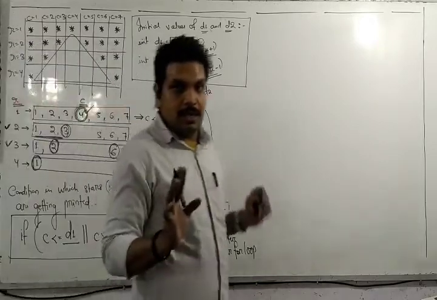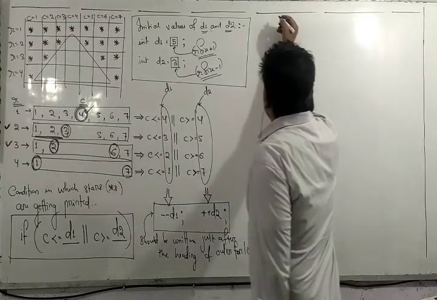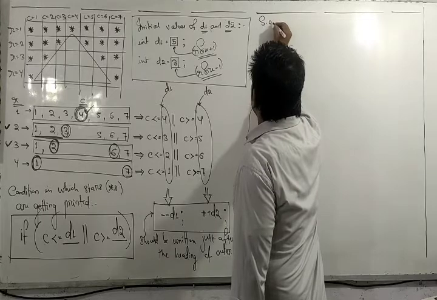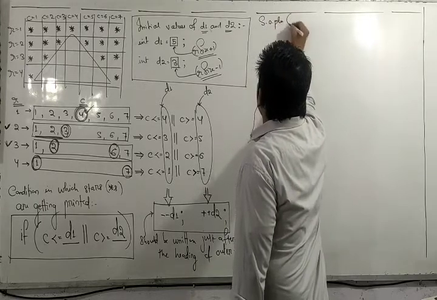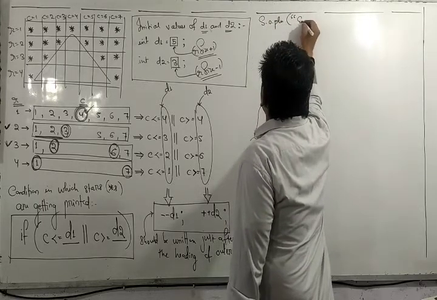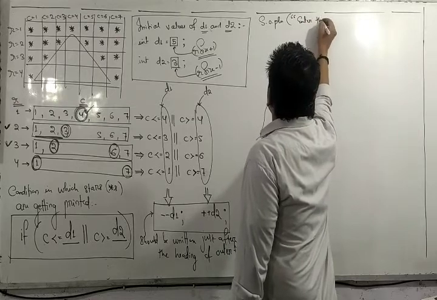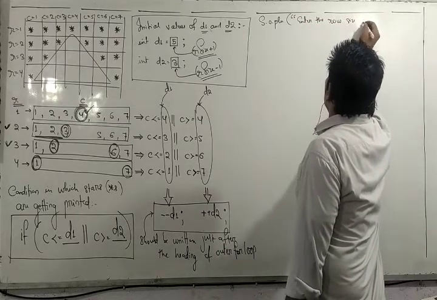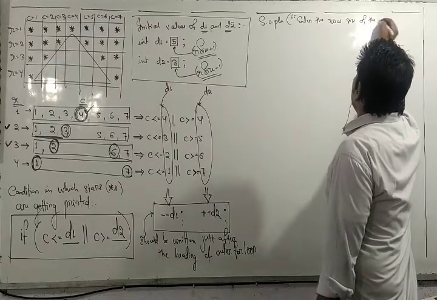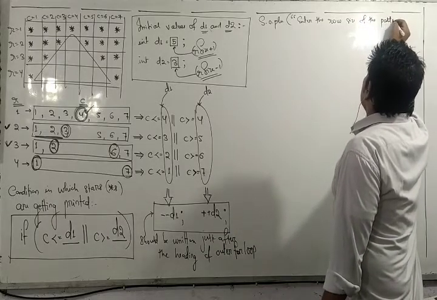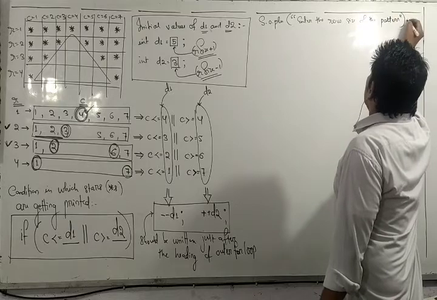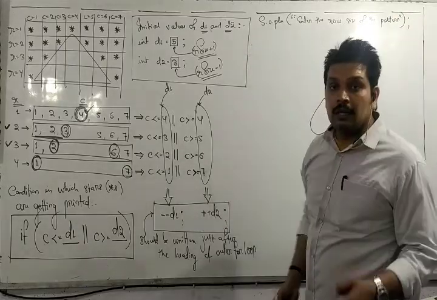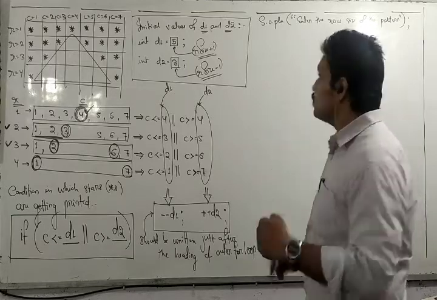See, so the very first line will be System.out.println, enter the row size of the pattern. So we are asking the user to give the row size.